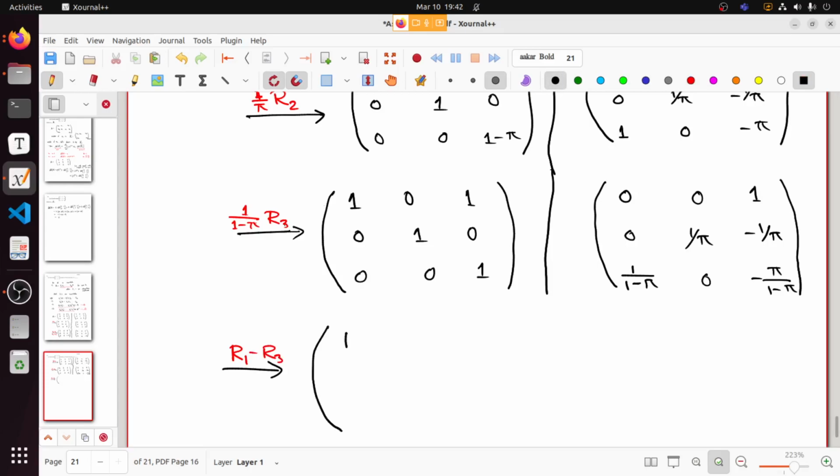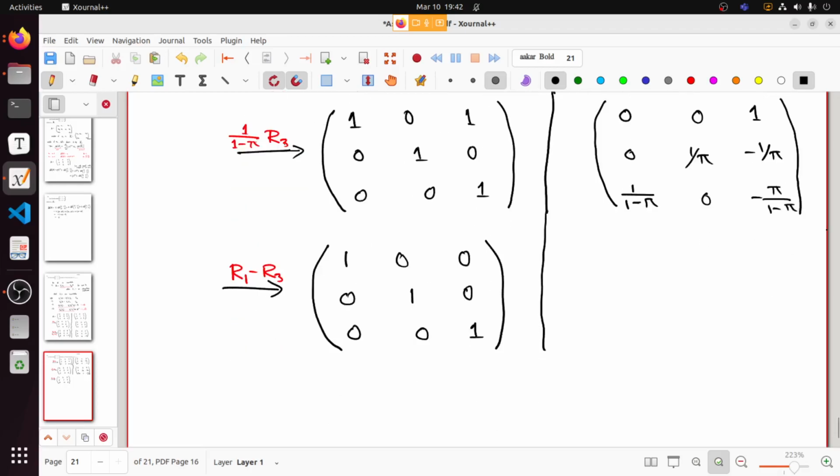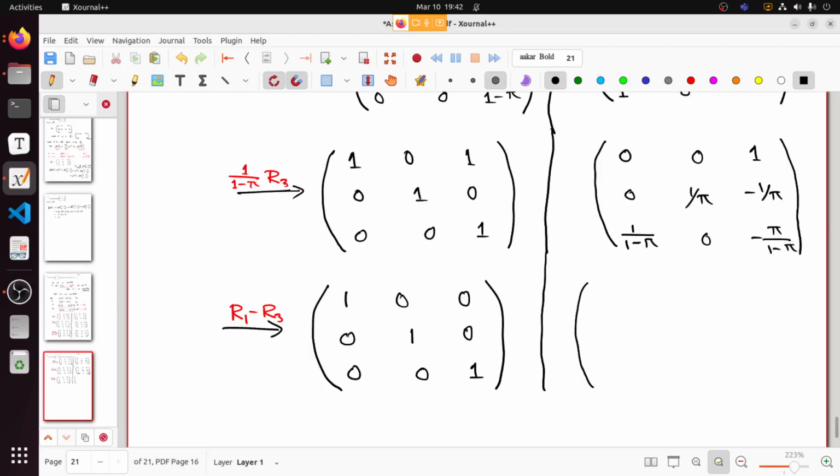Then it will become 1 0 0, 0 1 0, 0 0 1, and this side what will it become? R1 minus R3 means 1 by 1 minus pi; it's 0 minus this, so 1 minus this means, let me write it, 1 plus pi by 1 minus pi.